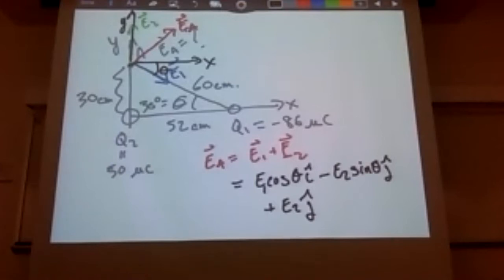Okay? Now from here, we're simply going to use our new friend. So we're going to say that EA is then going to be equal to, let's put these together: E1 cosine of theta in the i-hat direction, plus E2 minus E1 sine of theta, all in the j-hat direction.